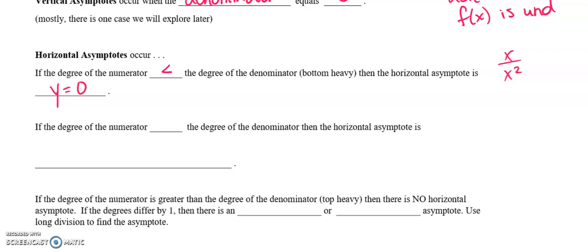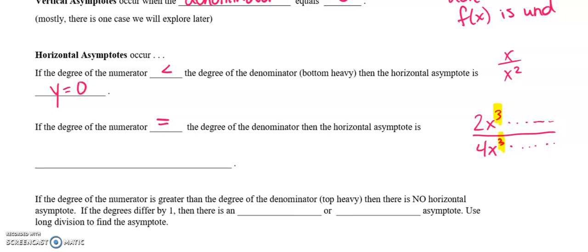If the degree of the numerator is equal to the degree of the denominator, so say you have a 2x cubed blah, blah, blah over a 4x cubed blah, blah, blah, in this case the degrees are equal.